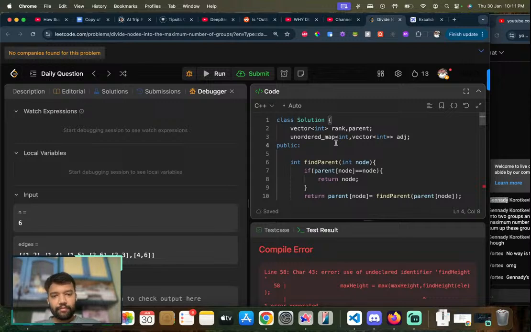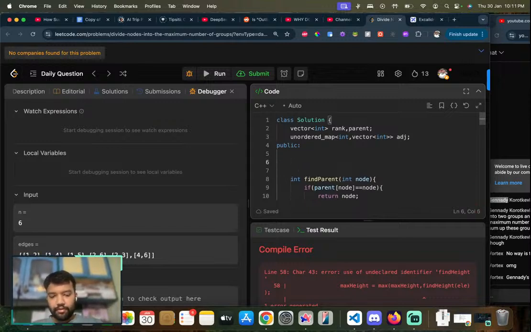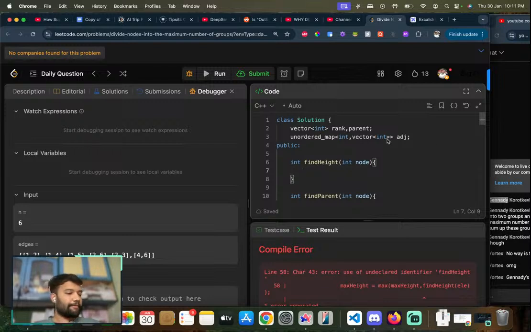Find height, and node. So we have a node. Answer is equal to 0.